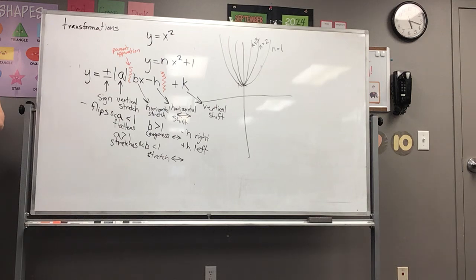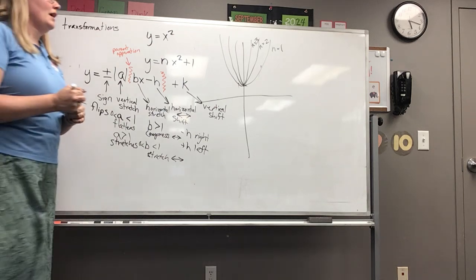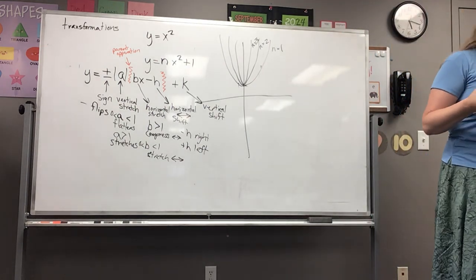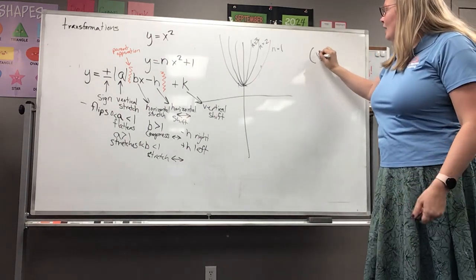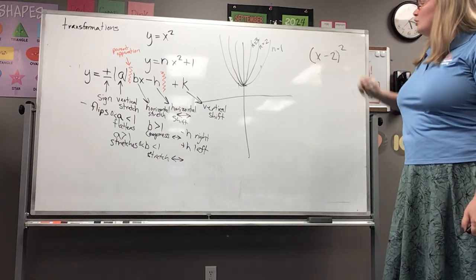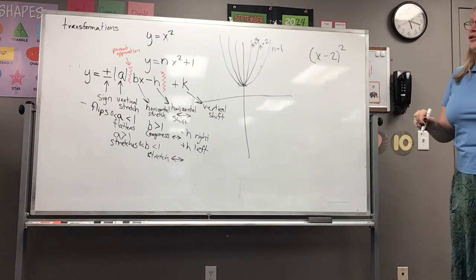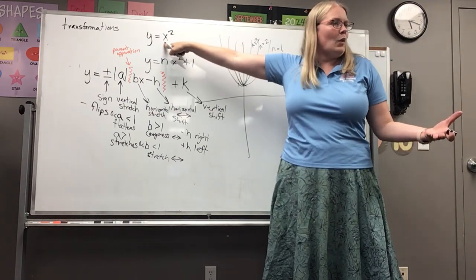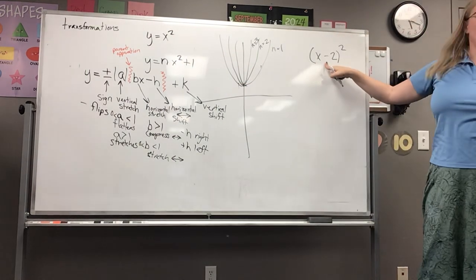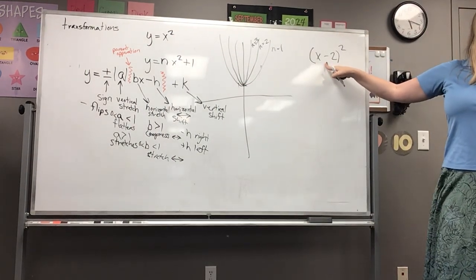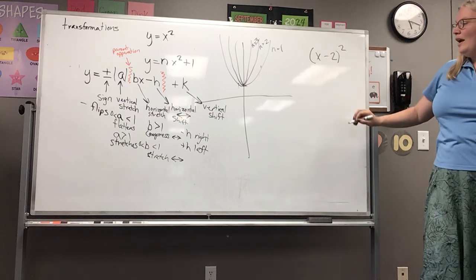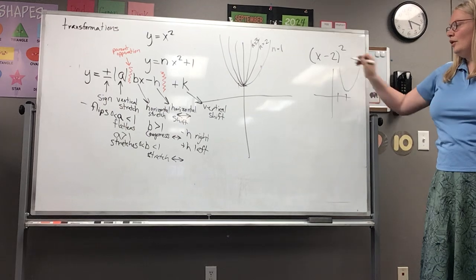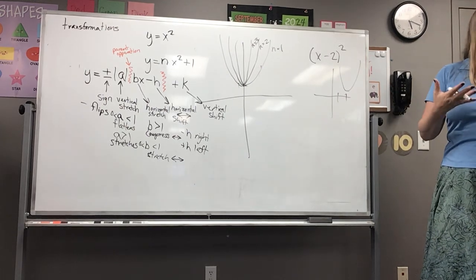And the reason for that, the best one that I can give you, I find that with a reason why it's going to stick in your brain a lot better, if I have x minus 2 squared, the original low point, the smallest it can get, is 0, right? Because it's getting squared. What makes this 0? Positive 2. And so the lowest point of the graph is at +2. That's the lowest it goes.